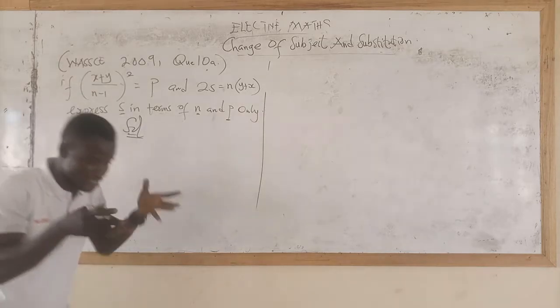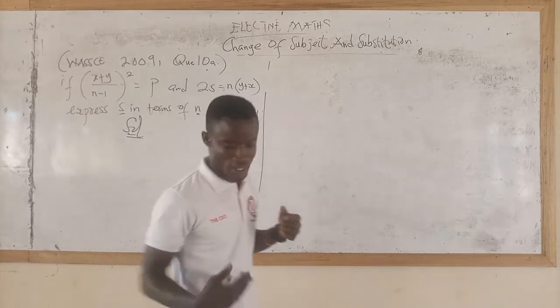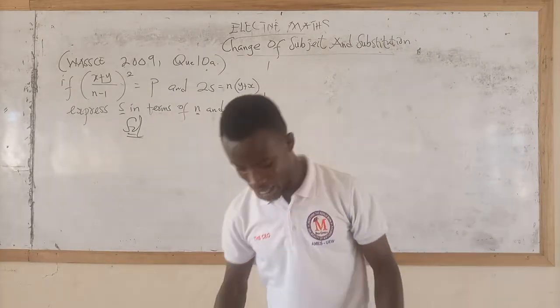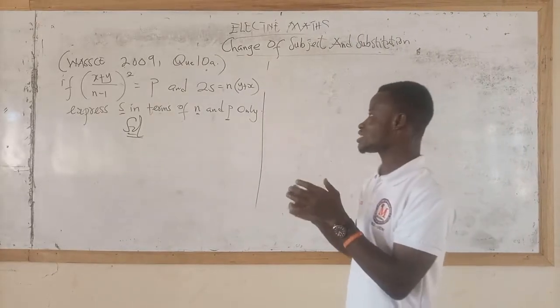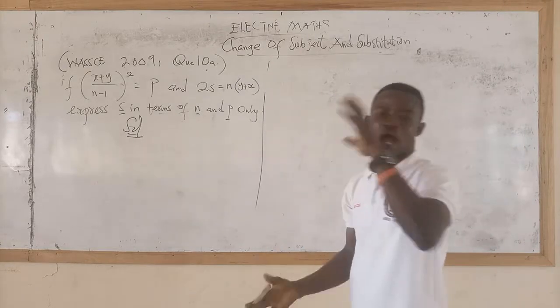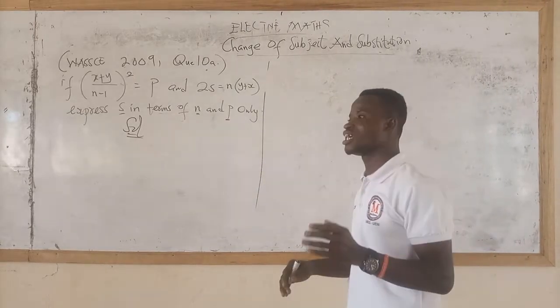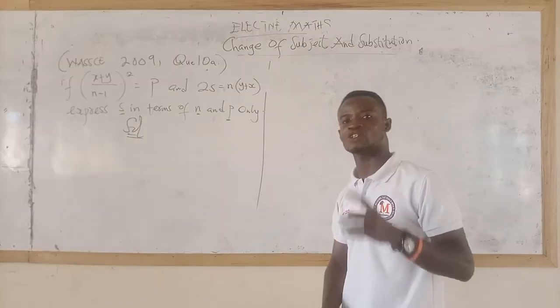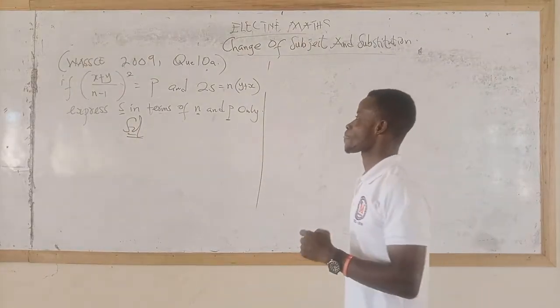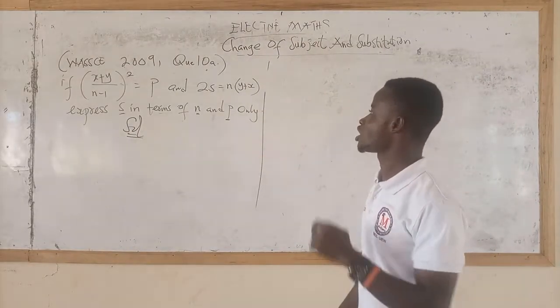I want to generalize it because I may not be able to solve a lot of questions with you, but when you get a question that relates to another year's question, then due to the explanation here, you'll be able to solve that question also. So listen to me very well.